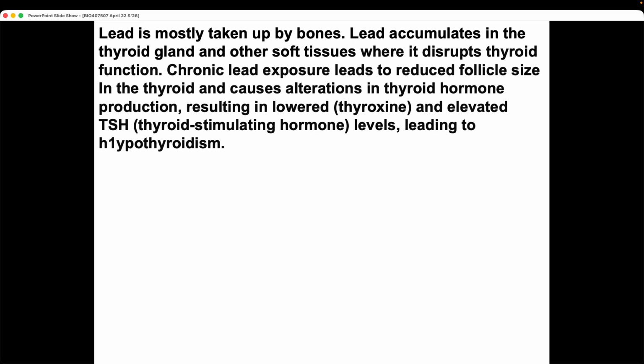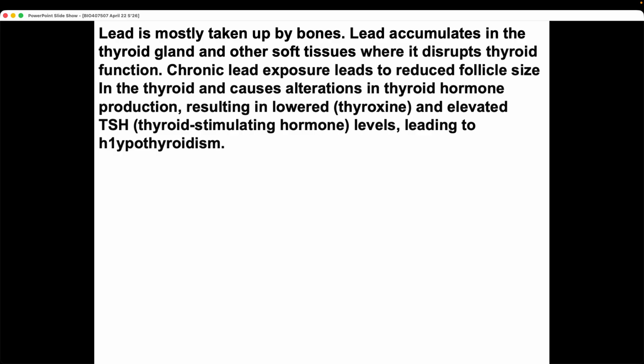And again, the biggest part of the story is that it's displacing calcium. 90% of the lead in an animal is in the bones, but it's found in soft tissues also.